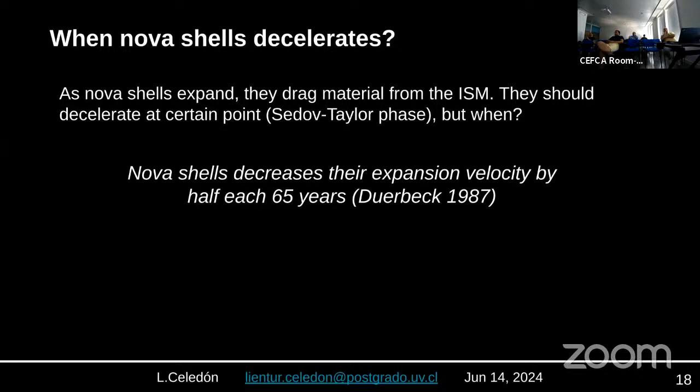People have been using this value because we know the way this object should decelerate, and it will have to happen when the material dragged by the shell is comparable to the initial ejected material. So the system will start in the pseudo-Taylor phase, but we don't know exactly when.